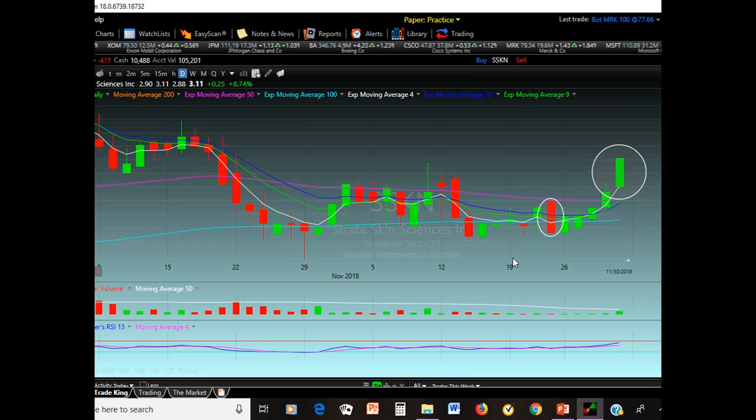I want to give you a couple of examples of the Marubozu. You got a green Marubozu at the top here. This thing pushed solidly up, and this is a daily chart. So SSKN, Strata Skin Sciences, this is a screenshot from the 1st of December. So the 3rd of December, Monday morning, I might put this on my watch list because the stock may be pushing up.